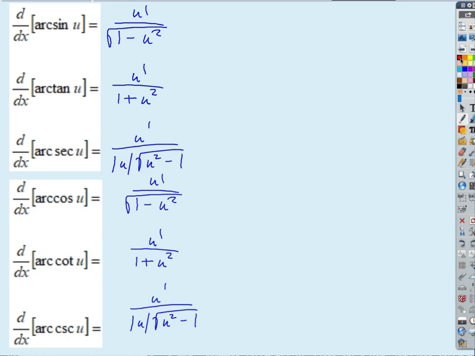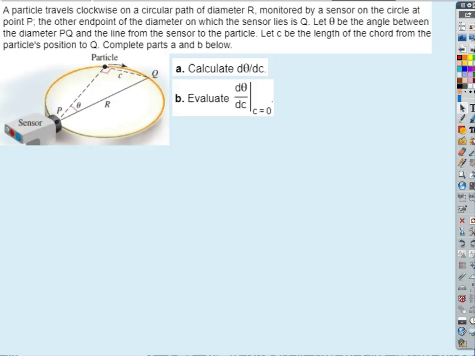The derivatives of the co-versions of those just have a negative out front. I don't know if they put it out front or with the u prime, it doesn't matter either way. So we got a bunch of new ones then.